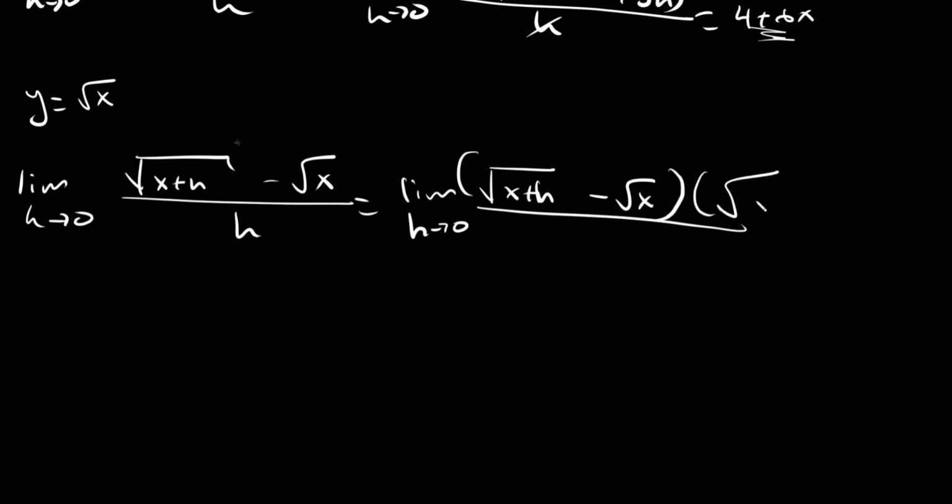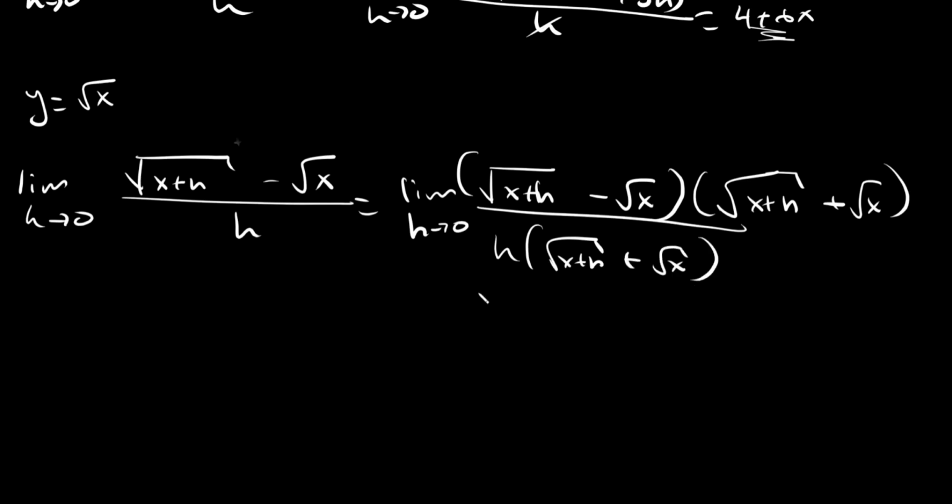So here instead it's going to be plus this, and multiply by my denominator as well. So let's find my numerator.